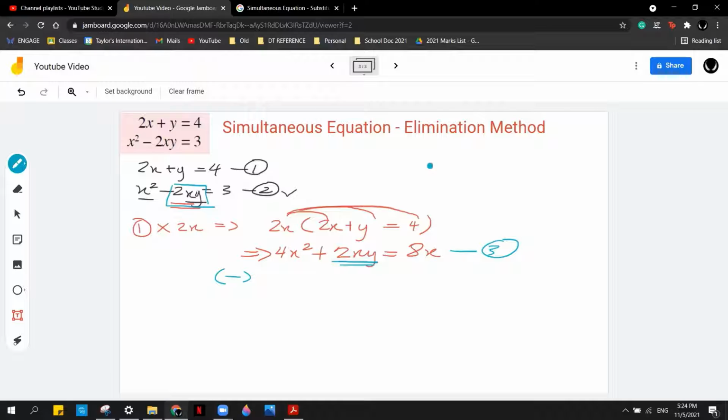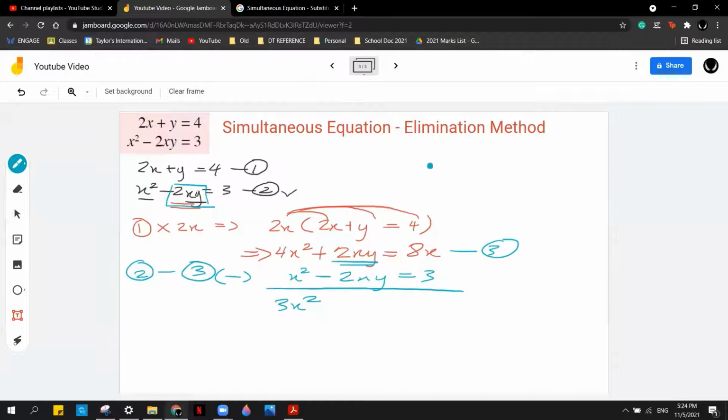I'm going to see here whether it's minus or plus between equation 2 and equation 3. Let's start with minus first. If I want to minus both, let me rewrite. We have x squared minus 2xy equals 3. If I minus, 4x squared minus x squared, I'll have 3x squared.